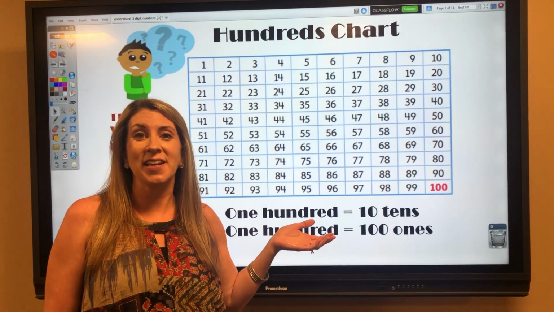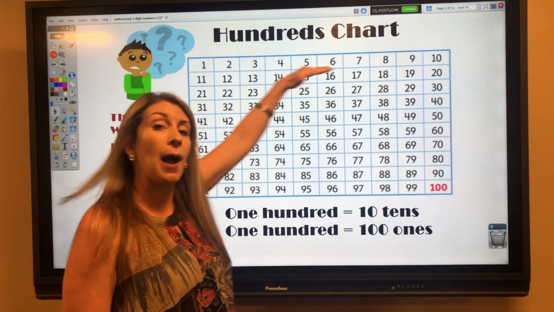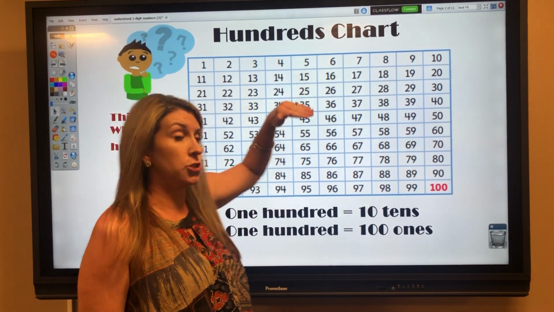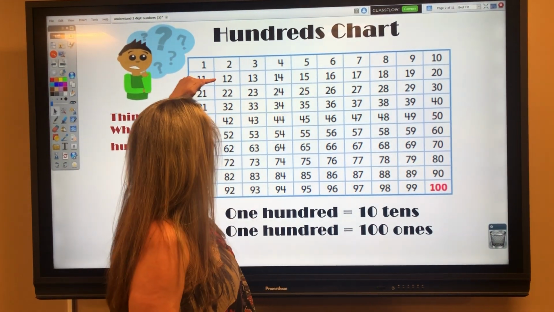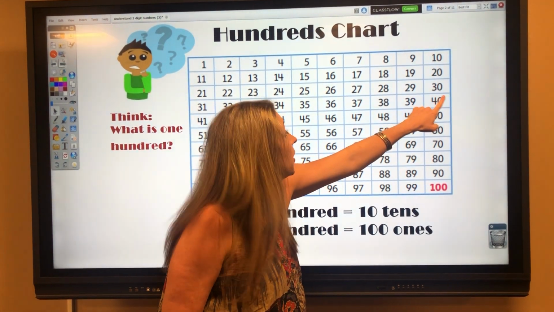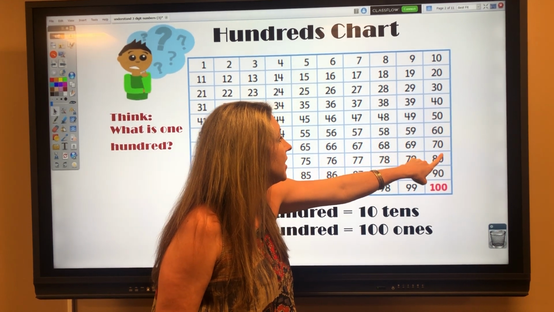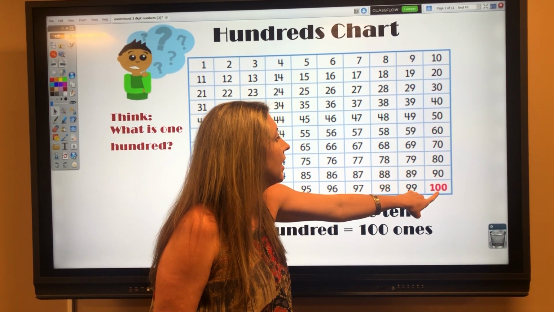The hundredths chart is made up of 10 tens, so you can skip count by tens to get to 100. You can go 10, 20, 30, and you can see they're listed right here, 40, 50, 60, 70, 80, 90, 100.